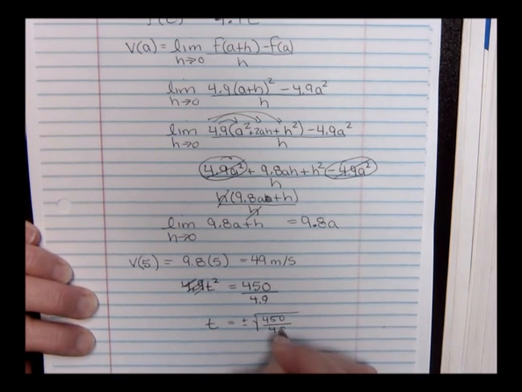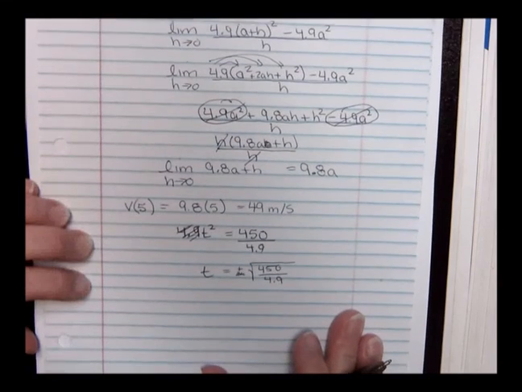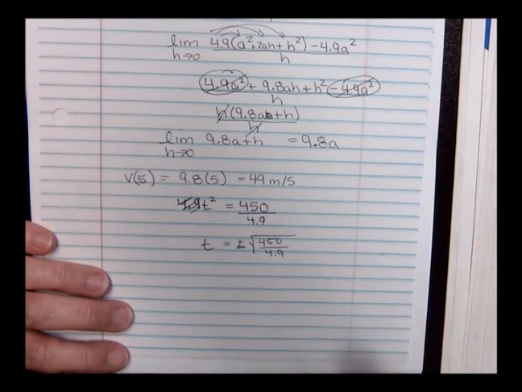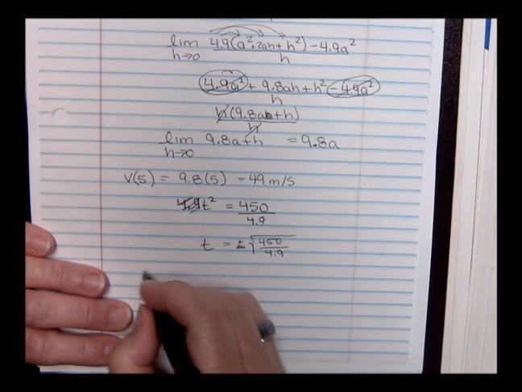Now I can ignore the negative because we're talking about time. That's where you have to use your common sense. So now that I have this, I can find out what my velocity will be when it hits the ground.